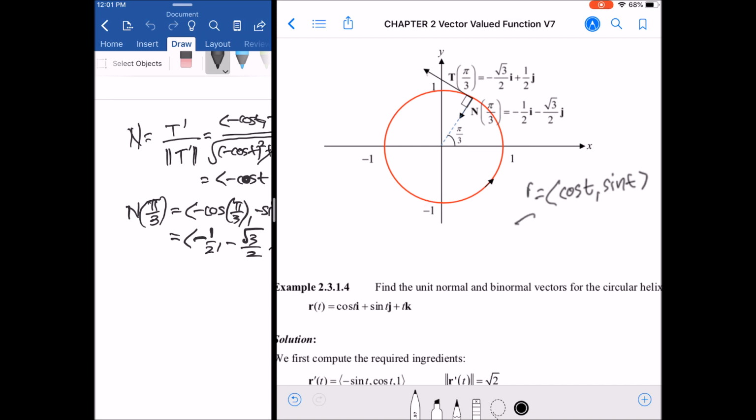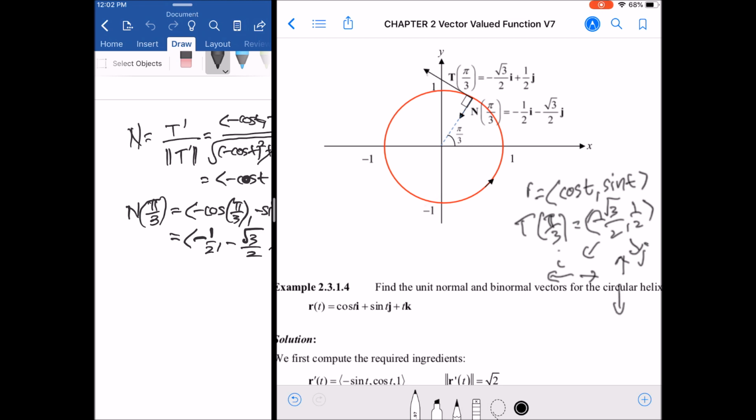The unit tangent vector at time pi over 3 is equal to negative square root 3 over 2, 1 over 2. The direction for vector i is along the x-axis, either to the left or to the right, and the direction for vector j is along the y-axis, either upward or downward.